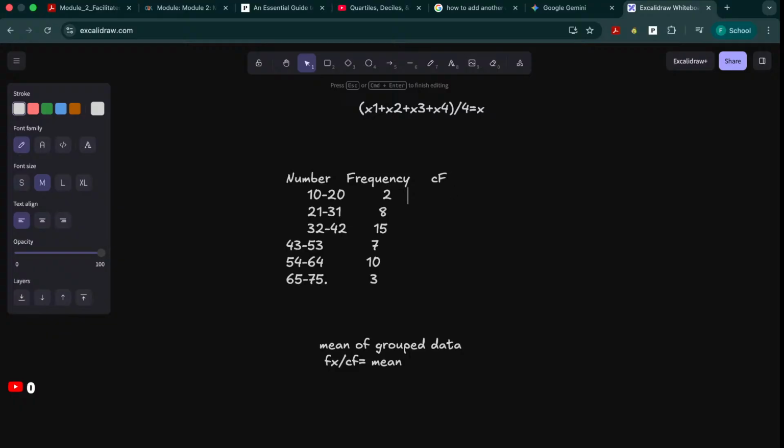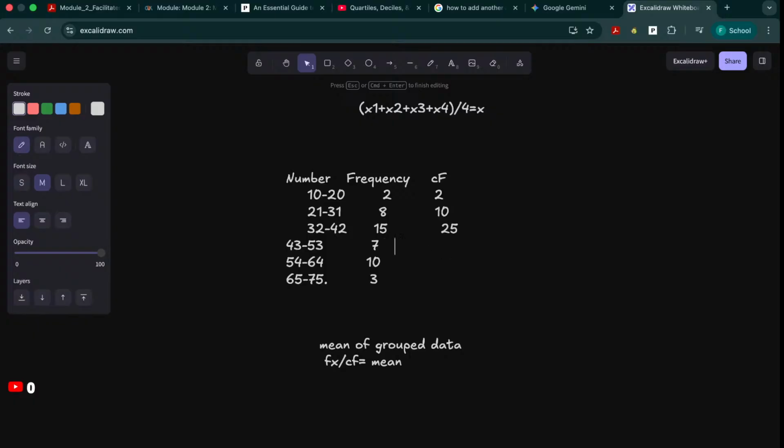Then for cumulative frequency, you start by doing 2, then 2 plus 8 you get 10, which is here. Then we have 10 plus 15, we get 25.